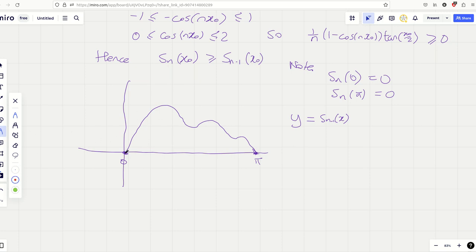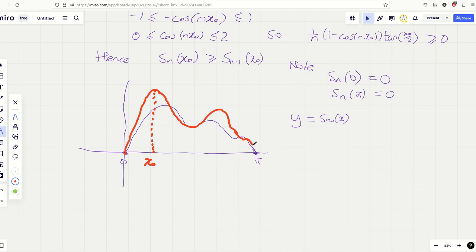Wherever it's got its turning points, they must be higher than this. So maybe it's got a turning point there, and it doesn't necessarily line up with that turning point. Maybe that's your first x0. But there might be other turning points for this bit, and what we're saying is, if this has another turning point, then it must be at least equal to, but possibly greater than, the other function there.